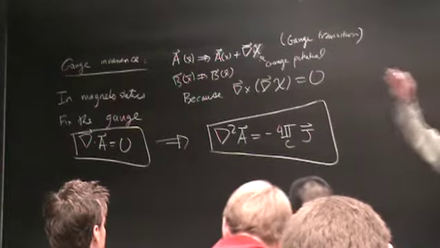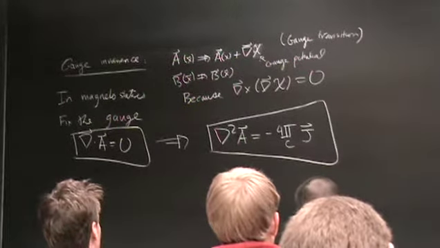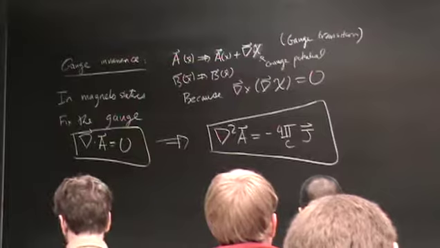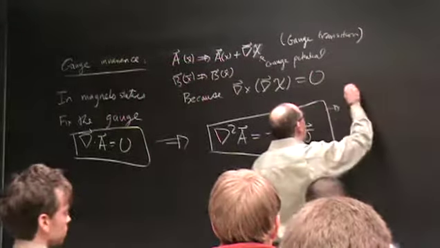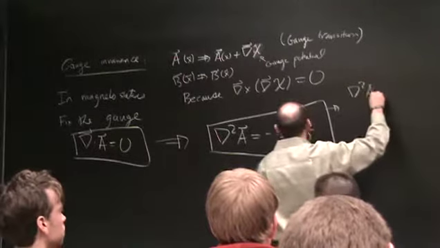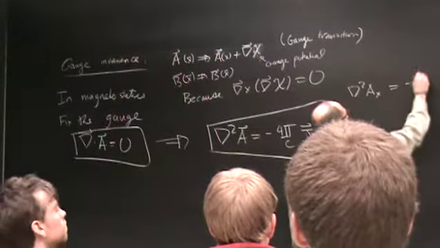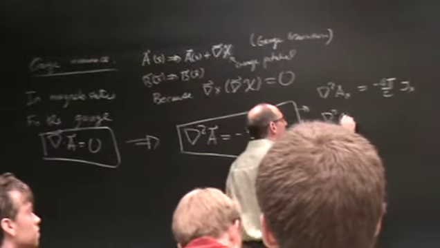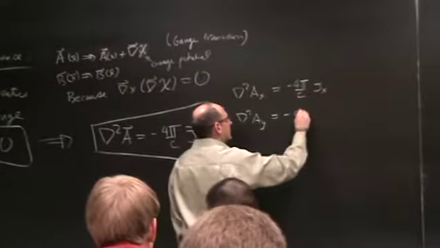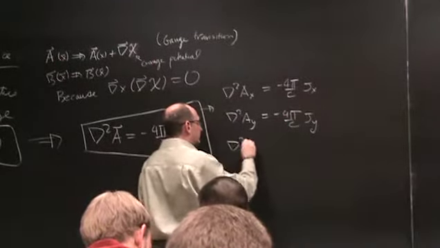I mean, the Biot-Savart law kind of had that buried in there. This equation is such that I have three equations: an equation for the x component, an equation for the y component, and an equation for the z component.